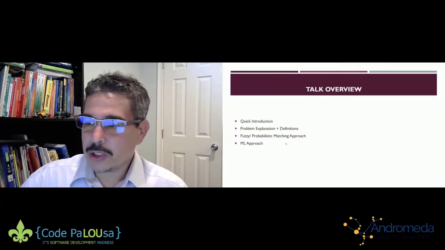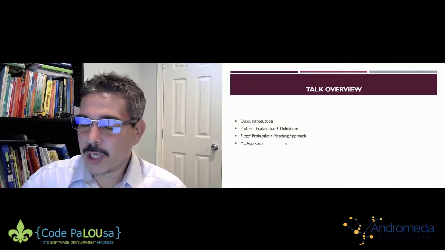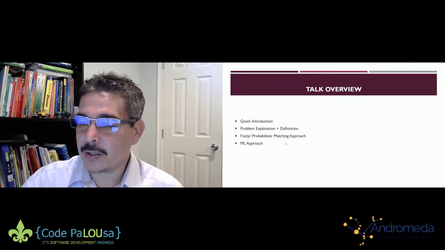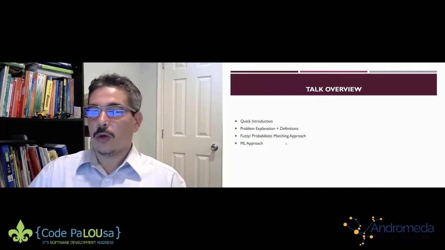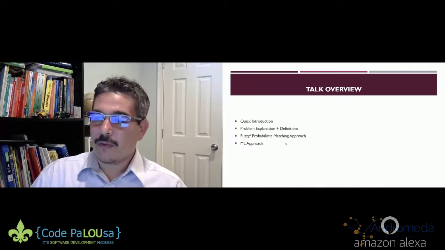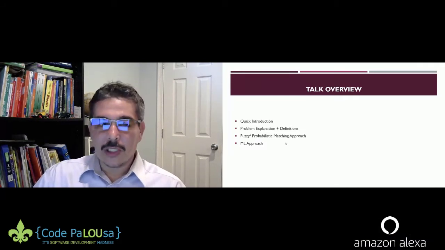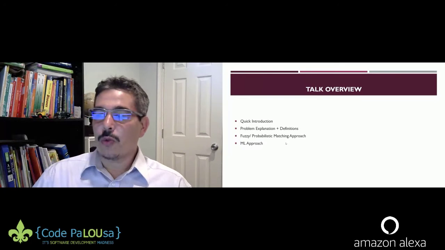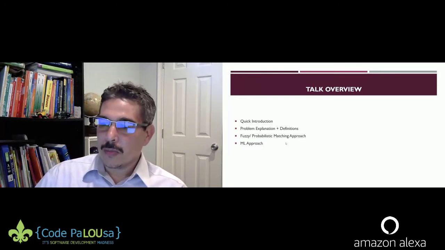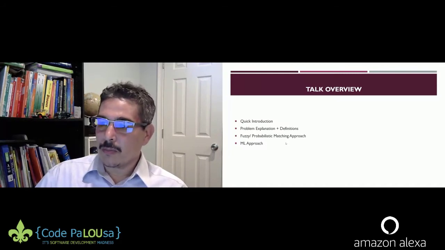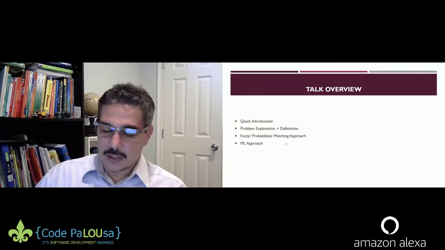I will go over a quick introduction about the problem, explain some definitions, and what this means. Then we will go with some algorithms like fuzzy matching algorithms, and also some machine learning algorithms that we use. Why are we using machine learning algorithms? We travel between fuzzy matching and the others, so we see the limitations of the algorithms and how we solve these limitations.